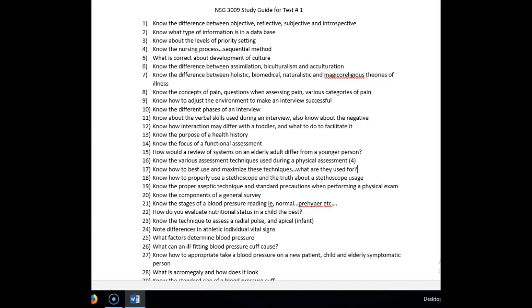Knowing those differences would probably be important. We're also going to start talking about sounds like resonance and hyperresonance. For the purpose of this test, you may not need to know them right away, but we want you to start getting it clear.